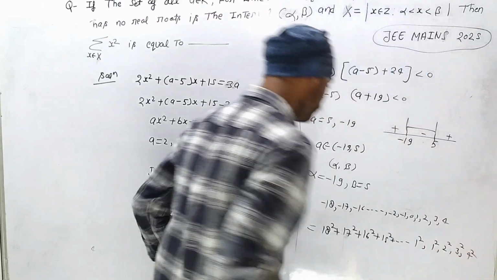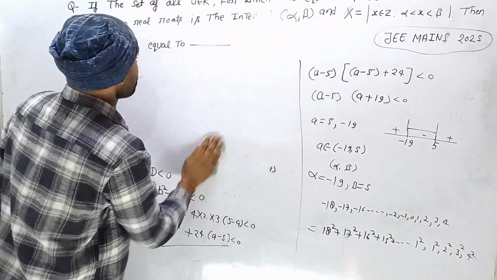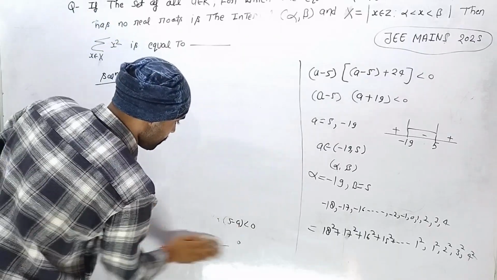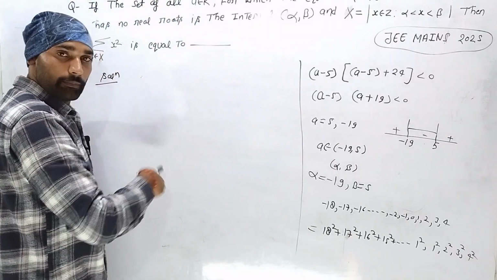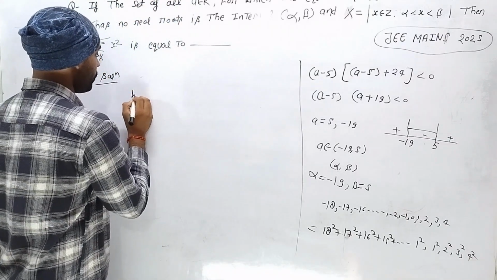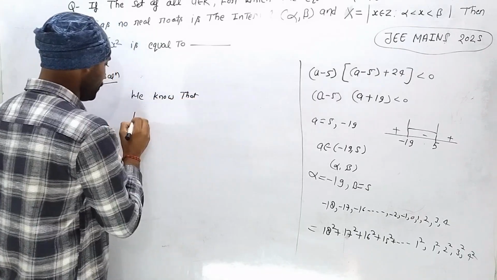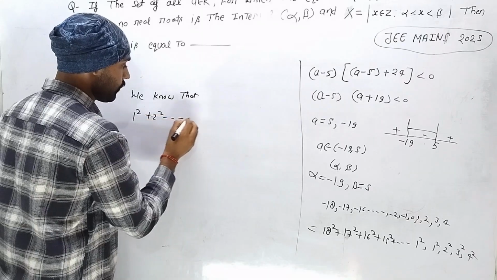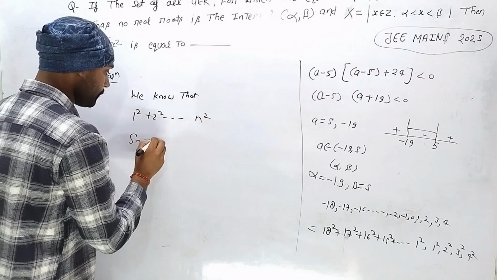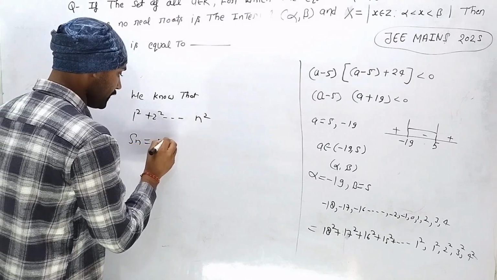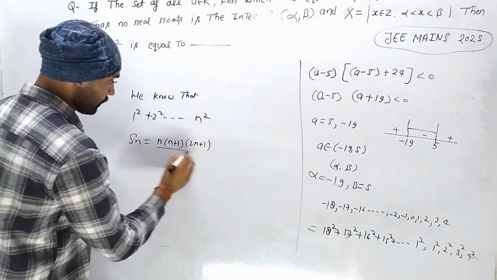Now we need to sum. We know that the sum of squares 1 square, 2 square, and so on up to n square, Sn, equal to n times (n plus 1) times (2n plus 1) upon 6.